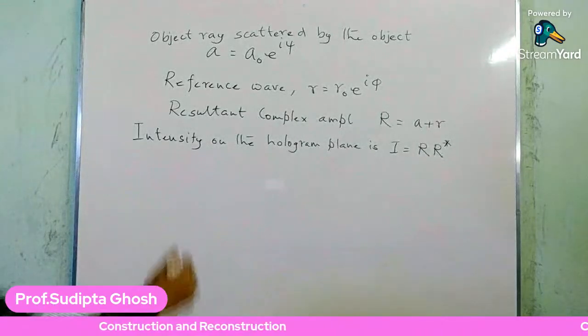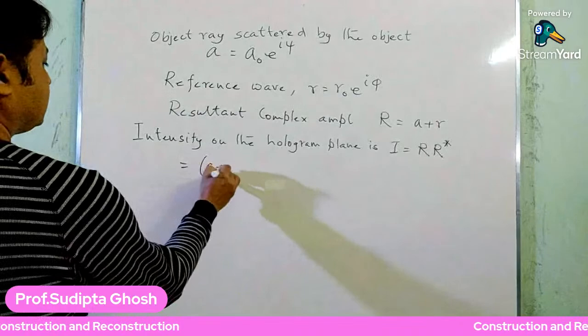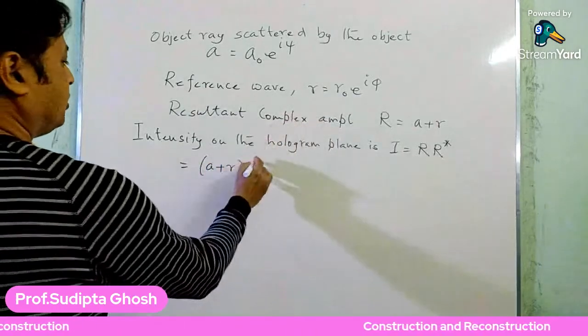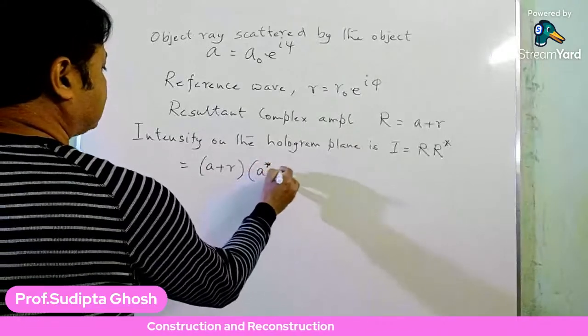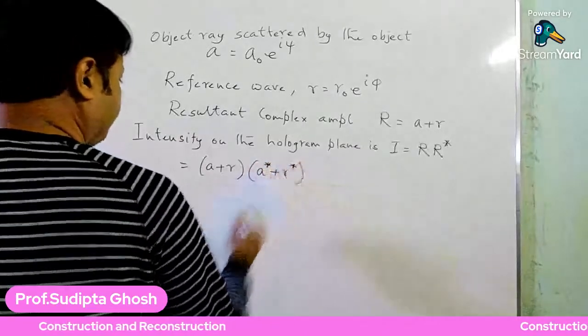Now we have the value of R, that is A plus small r. So the complex conjugate of R, that is R star, will be A star plus R star.